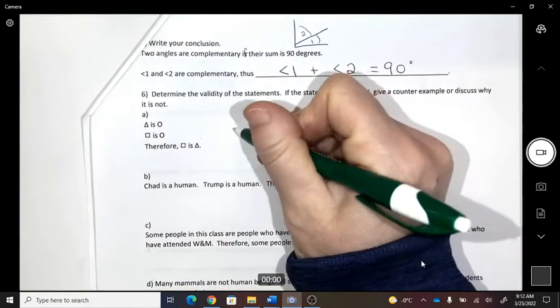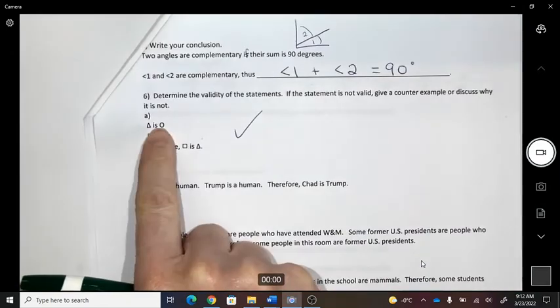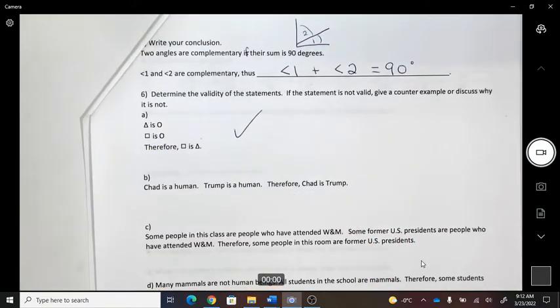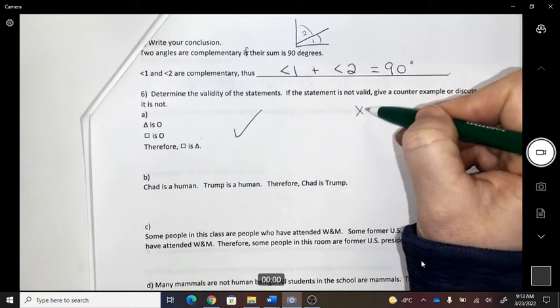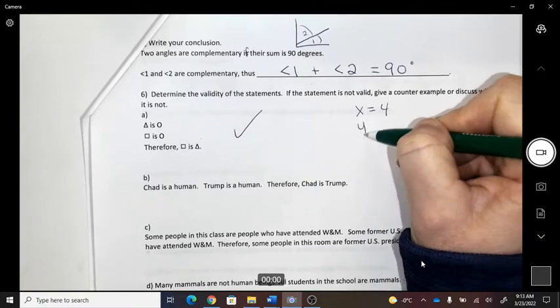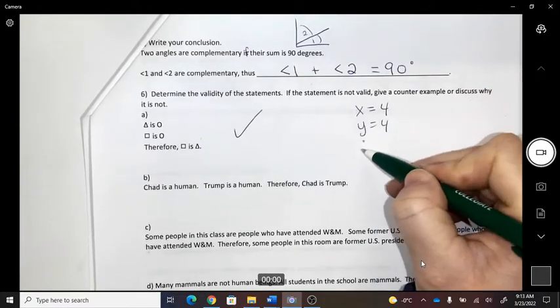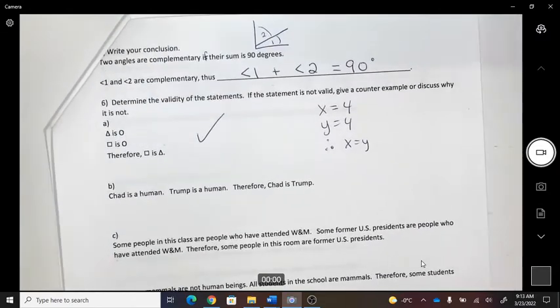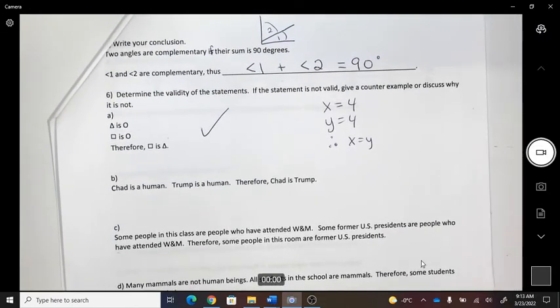Yeah. Because they're both the same as that circle, so then they're both the same as each other. It would be like me saying x equals 4, y equals 4, therefore x equals y. That's like the same idea. Right? Does that make sense?